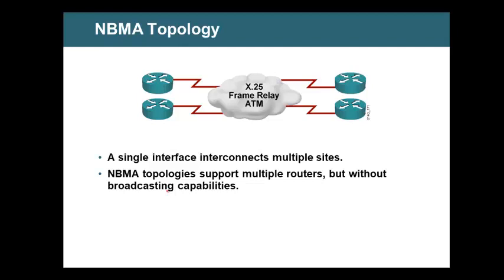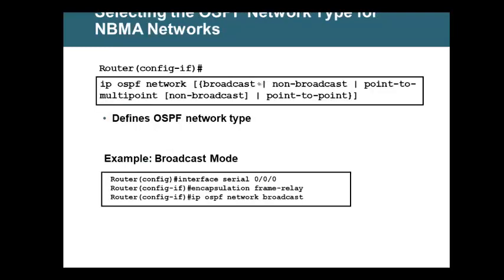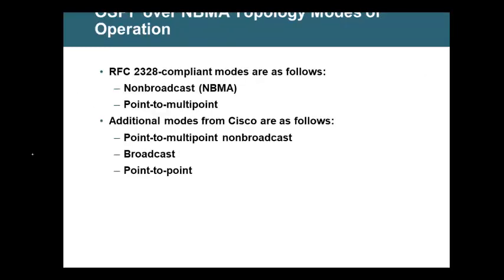Right? So let us see the 5 modes theoretically today. And then practically tomorrow, I'll be building the frame relay environment for you, and I'll be demonstrating. So these 5 modes are as follows. Number 1, non-broadcast.